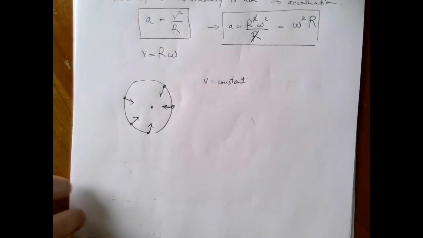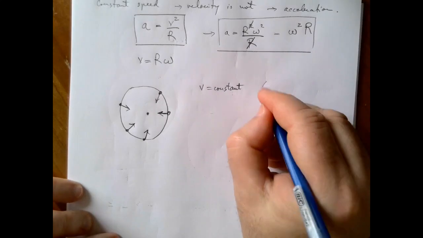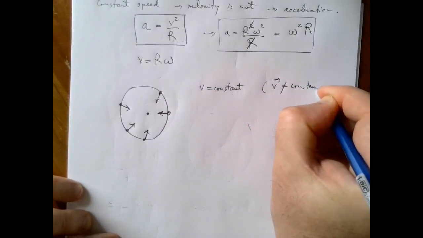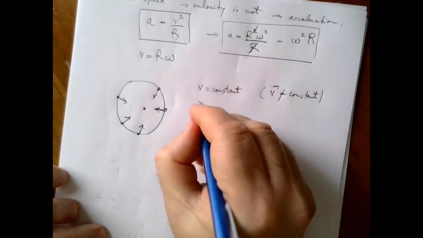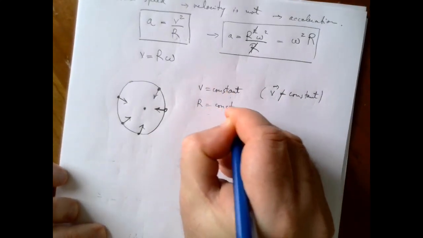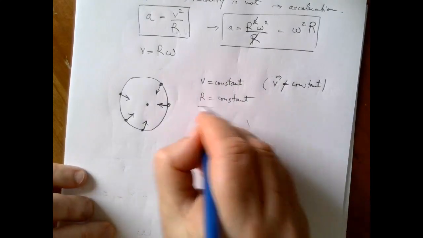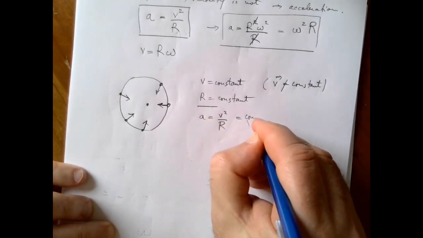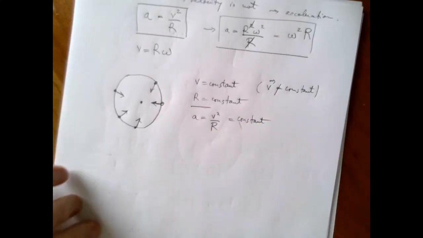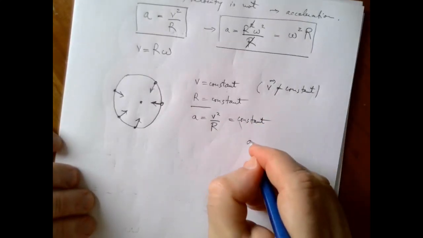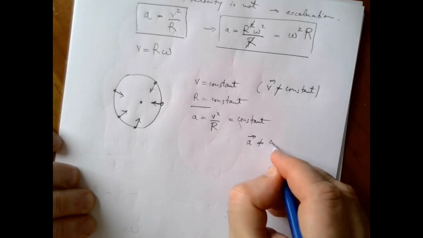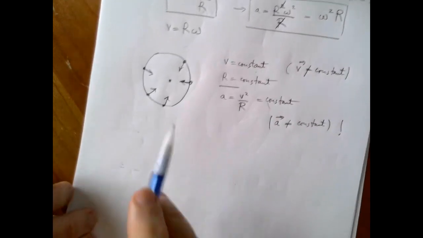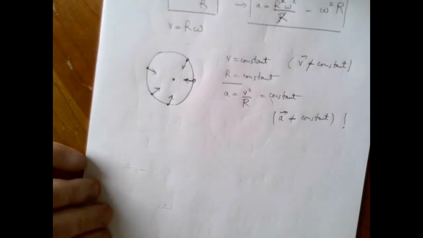Remember, the speed is constant, but again, the vector v is not constant, and the radius of the circle is obviously constant, which means the acceleration, which is v squared over r, is constant. But again, the acceleration vector is not constant. Look at the picture. It continuously changes direction.